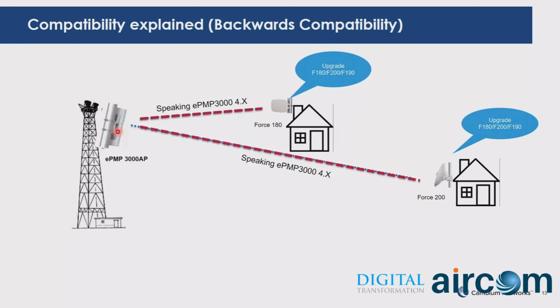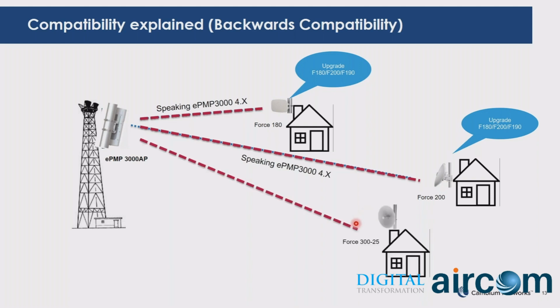You don't have to decommission your Force 180 or your Force 200. So we have backwards compatibility and also forward compatibility. Forward compatibility is where the ePMP Force 300 is able to also communicate with an ePMP 2000 access point.